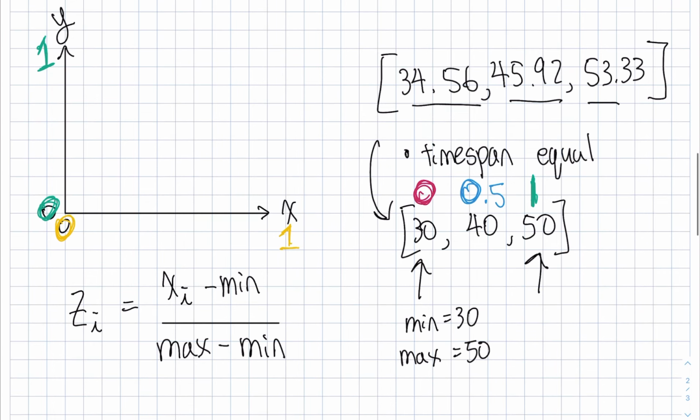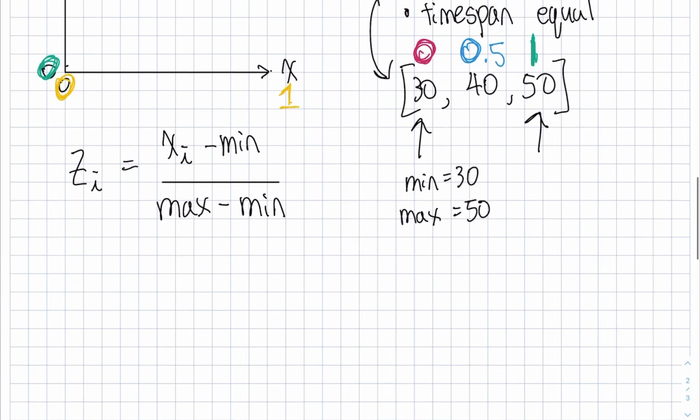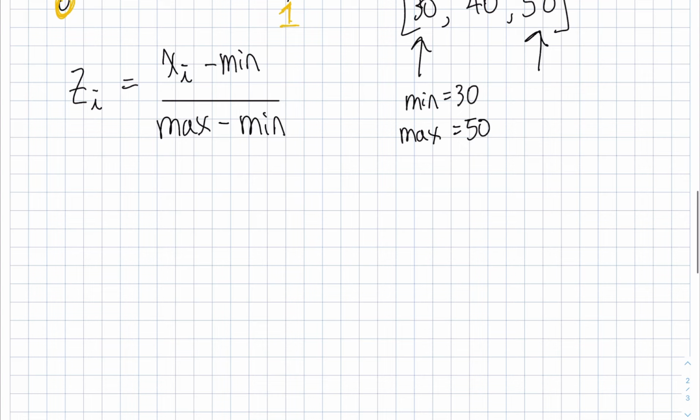So for the first one, we're going to start at 0, and the last one, we're going to end at 1. And the indices in between are going to land in the middle of 0 to 1, similar to what we did for the y-axis. All right, so our equation is going to be our index number.